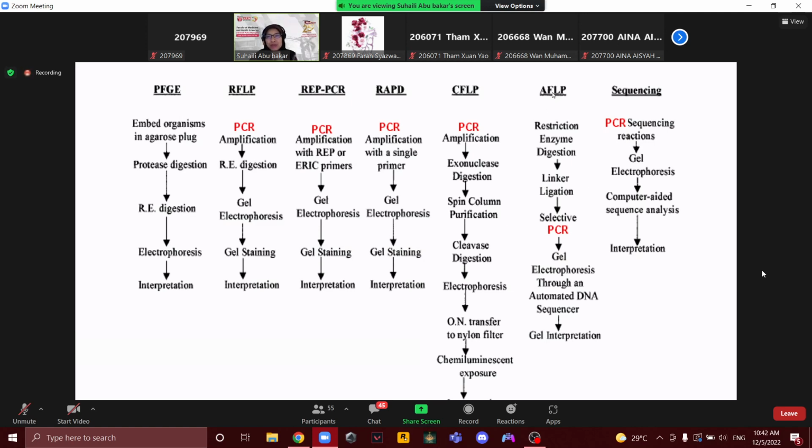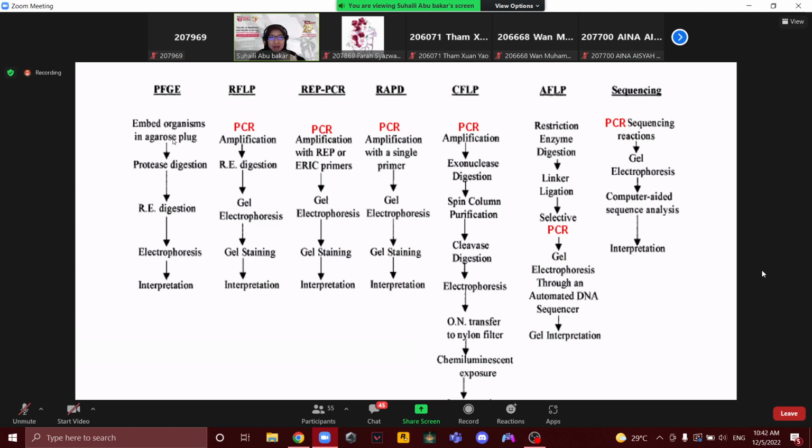AFLP, amplified fragment length polymorphism. What are the steps? Comparison. PFGE, pulse field gel electrophoresis. Remember DGGE on the previous slide? This is another electrophoresis as well, to separate by size also. This one is pulse field gel electrophoresis.